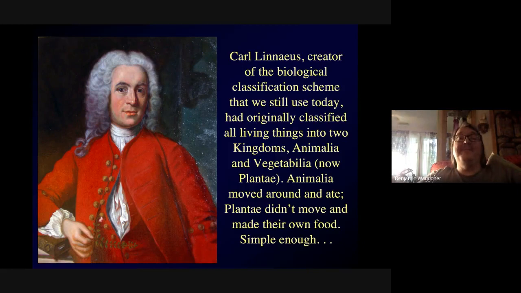He abandoned that part. He never really could get it to work right. But he put everything into two kingdoms in the final version of his classification scheme. If you moved and ate, you're an Animalia. If you don't move and you make your own food, you're in kingdom Plantae, which seems simple enough.